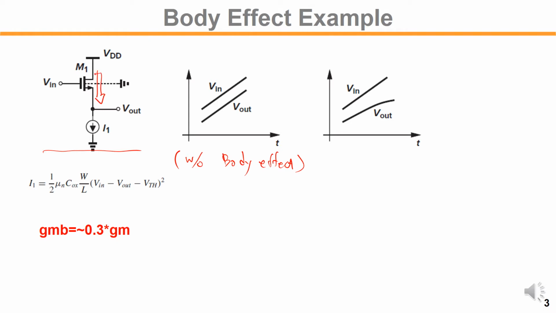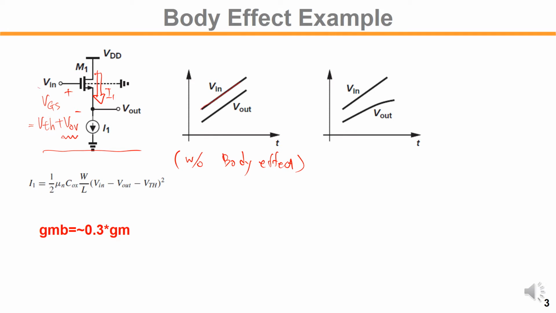So the voltage drop between gate and source, VGS, is determined by I1. VGS will be VTH plus a certain overdrive voltage, and this overdrive voltage doesn't change no matter what the Vin is.